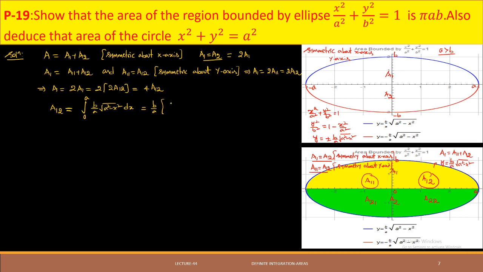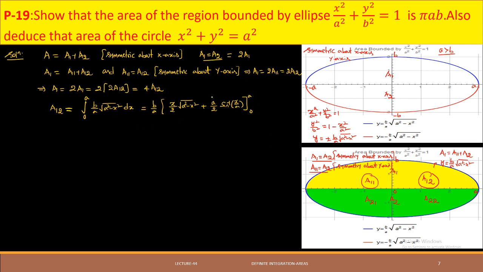So it is x by 2 into under root a square minus x square plus a square by 2 into sine inverse x by a, in the limits 0 to a.